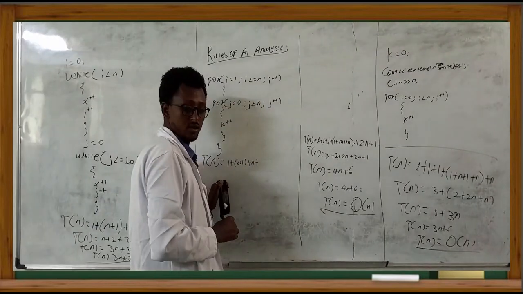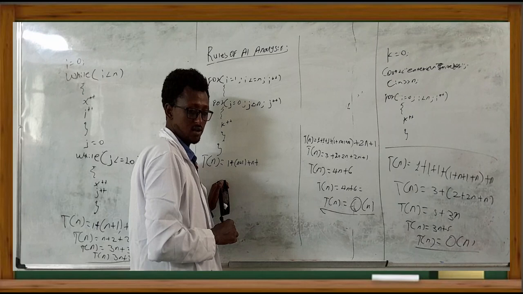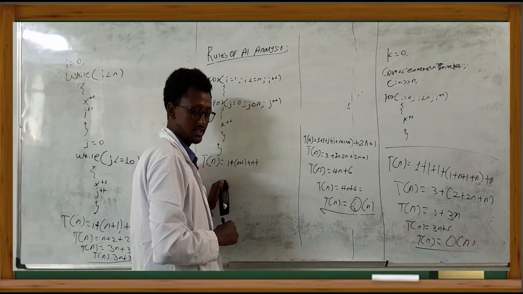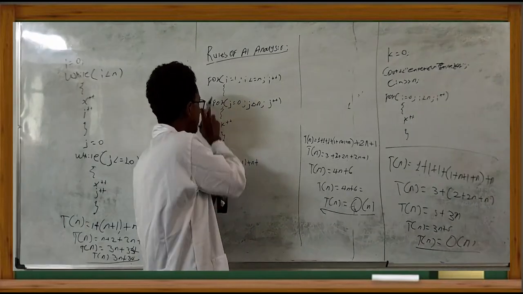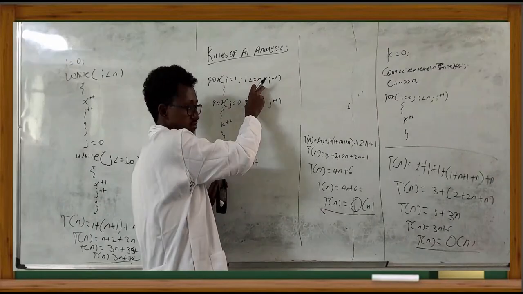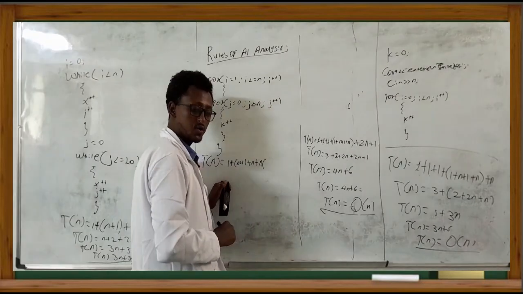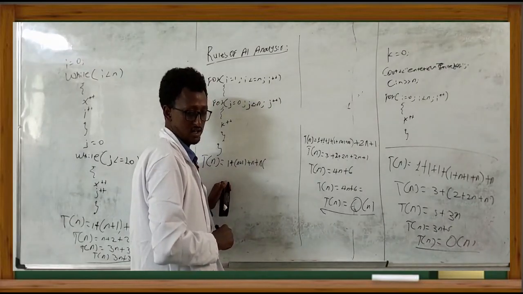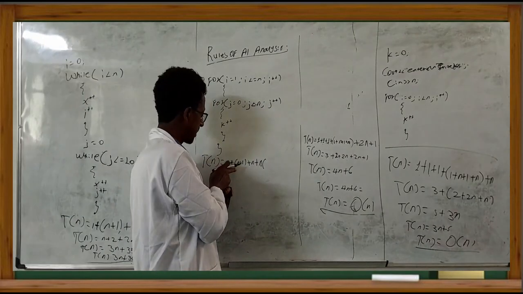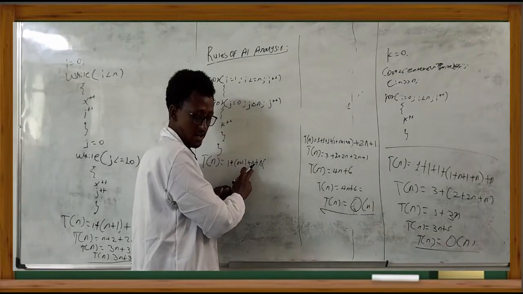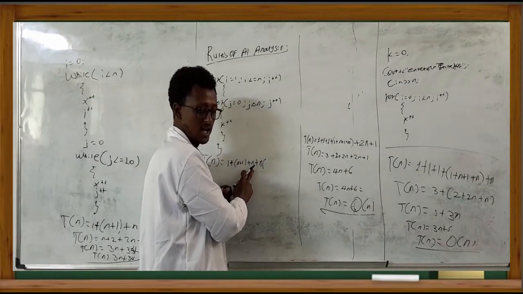For the next one, n times, that means the nested for loop requires n iterations depending on the first for loop. So n times, also applying to the first one. That means 1 plus n plus 1 plus n.